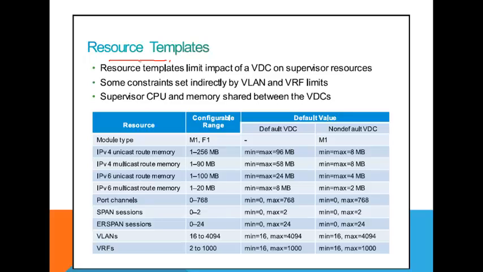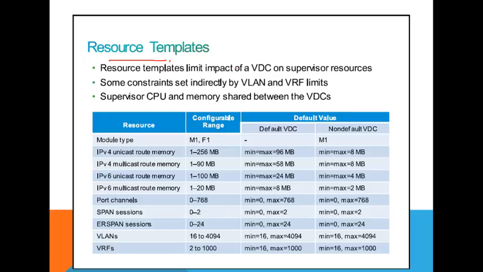Likewise, we can create some templates with some common resources, and then we can call the template under multiple VDCs. So templates can be made so that they can be called under VDCs.